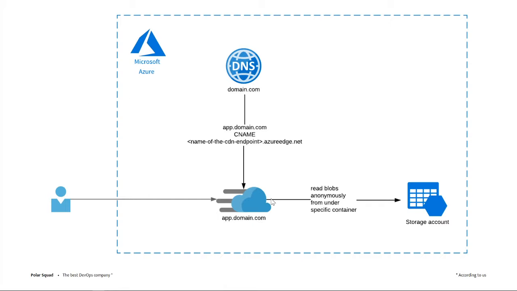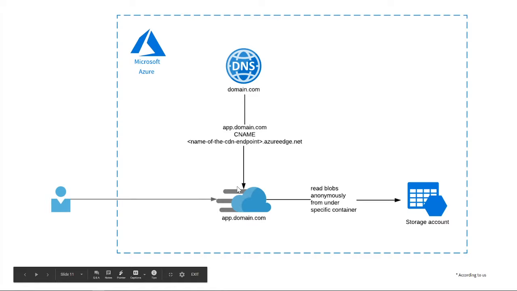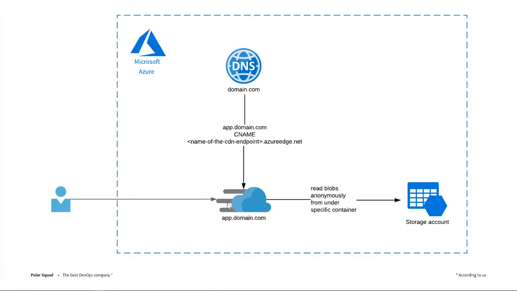I'm using as an example, this is just a picture of a CDN profile, but this is now acting as a CDN endpoint. So you would have a CDN endpoint, you would have some domain, you would point to it with a CNAME record, and then it would read files from a storage account.